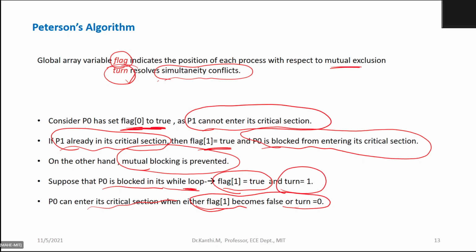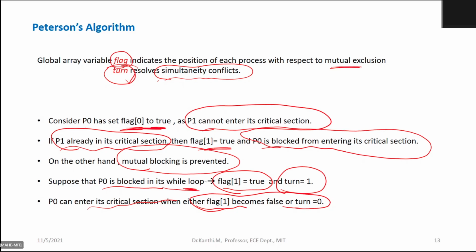Either of these conditions is checked. If either is in your favor, only then can you enter the critical section. So the complexity of the code in Dekker's algorithm is simplified here in Peterson's, which looks almost similar but with a simplified version of the code.